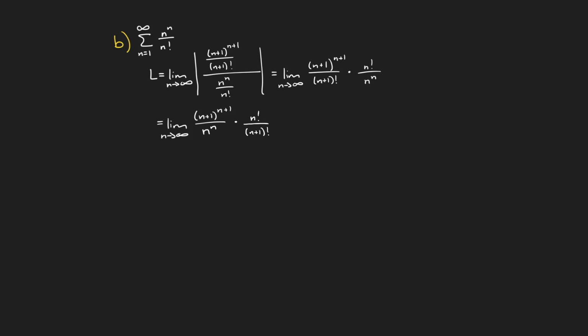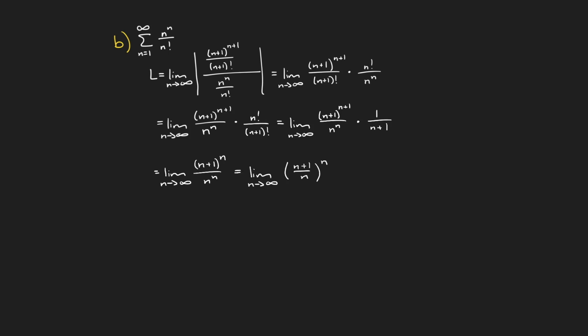Just like in the last example, we can cancel the factorials to get 1 over n+1, and now we see that one of the n+1s on top cancels with the n+1 on the bottom. And so we're left with (n+1)^n over n^n. Since both are raised to the n power, we can pull out the power of n and get (n+1)/n all to the n. Dividing out by the n in the denominator, we get (1 + 1/n)^n.